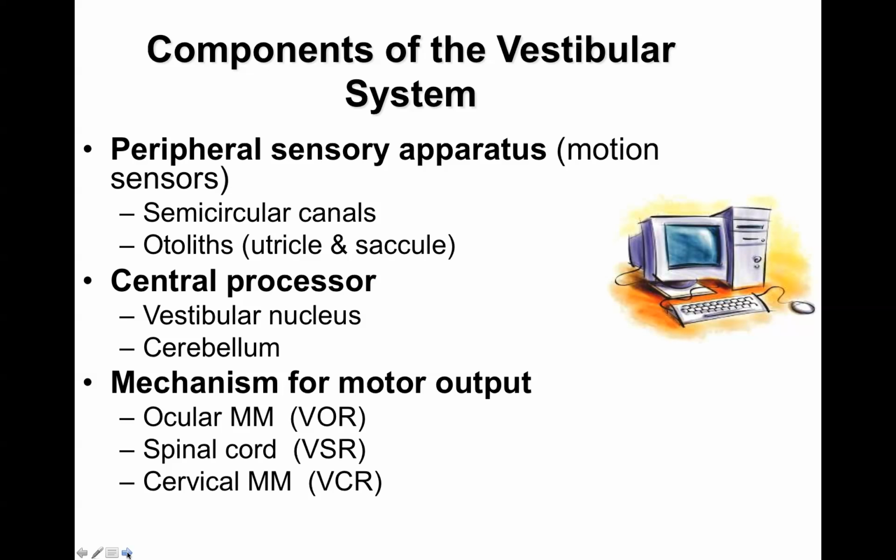And then because a lot of this is reflexive, we will have motor outputs. So our vestibular ocular reflex, we will have eye movements in coordination, opposite direction of your head movement. You'll have different reactions traveling down through the vestibular spinal tracts to correct your balance, and your cervical muscles will adapt, as well as there is head motion to right the head.